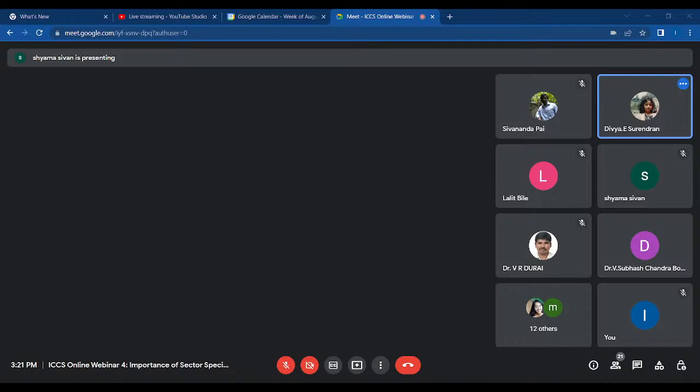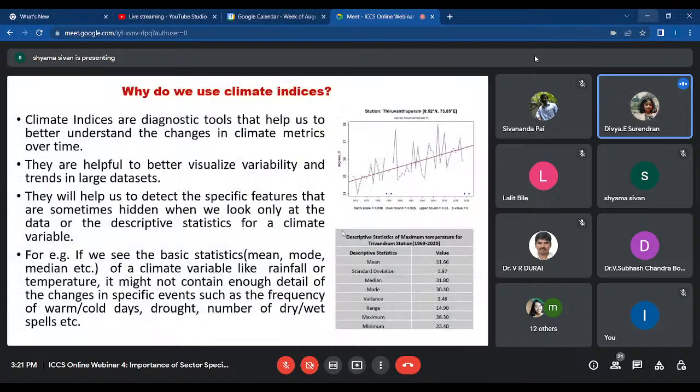If we consider only the descriptive or basic statistics of a data set, it also gives an idea about the data, but you cannot see how the change is happening in every year or the period you are analyzing.